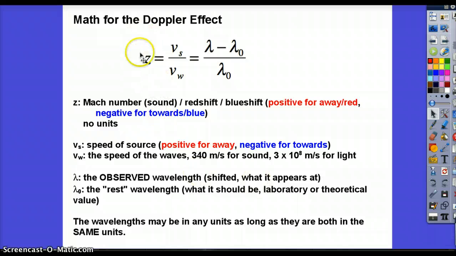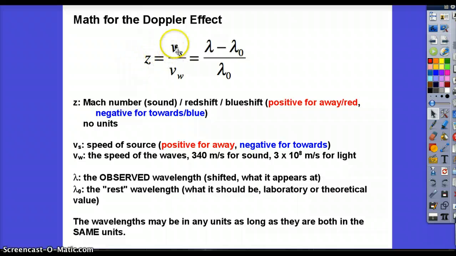And then finally, Z. Z is just a special name for this ratio of the two speeds. When we're talking about sound, it's called the Mach number. For instance, you've heard of an airplane traveling at Mach 3. What that means is that the source is traveling 3 times the speed of sound. So Vs over Vw is 3. That's the Mach number. When we're talking about light, it's called the red shift or the blue shift.